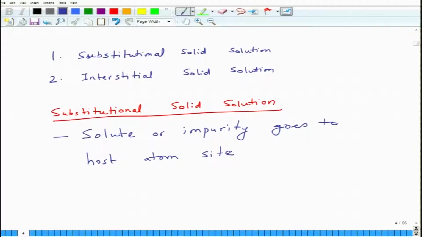So it replaces it; it occupies the same site as the host atom. However, the manner in which it can do that could be random. It can randomly go anywhere, or it could be ordered.